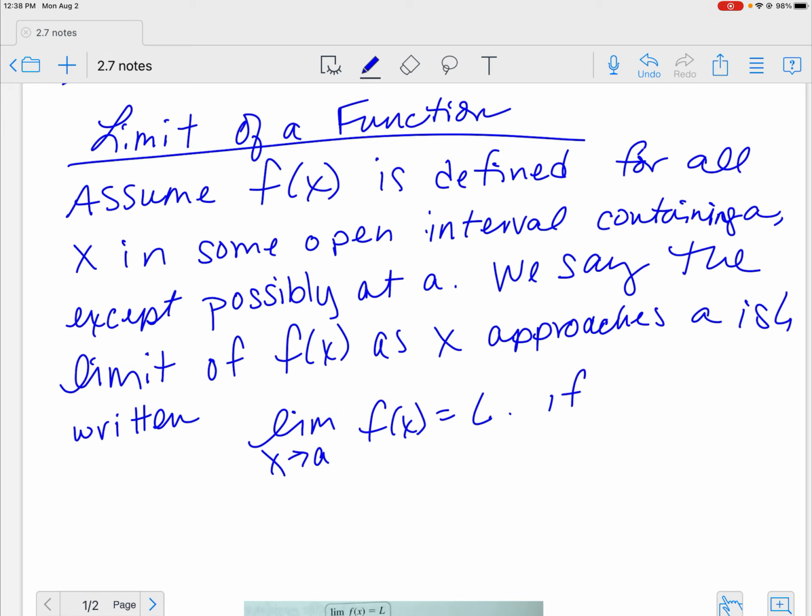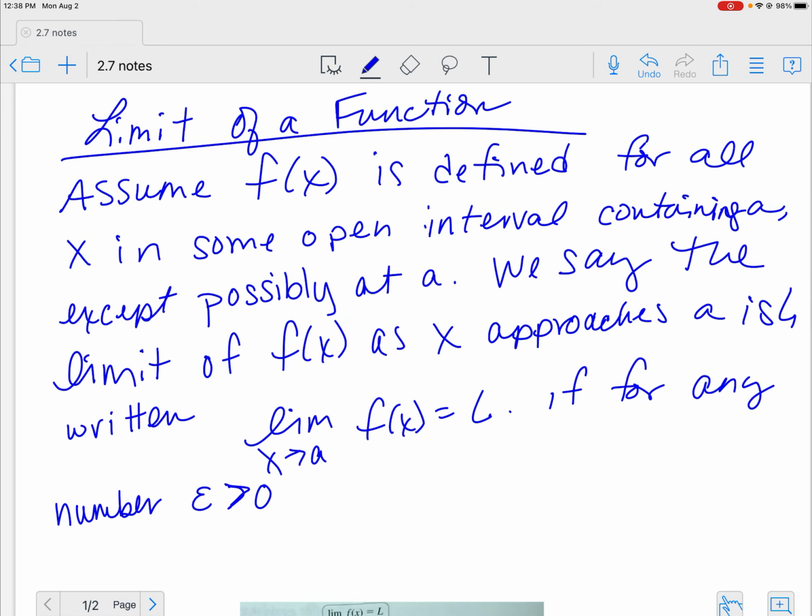If for any number epsilon greater than 0, and that squiggly E is the Greek letter epsilon, there is a corresponding number delta greater than 0.